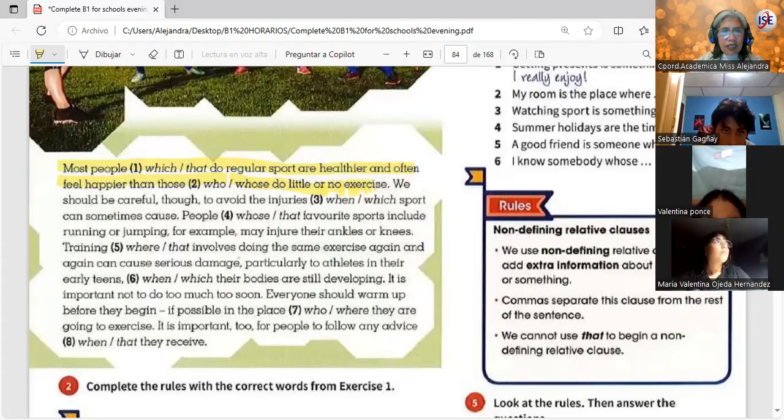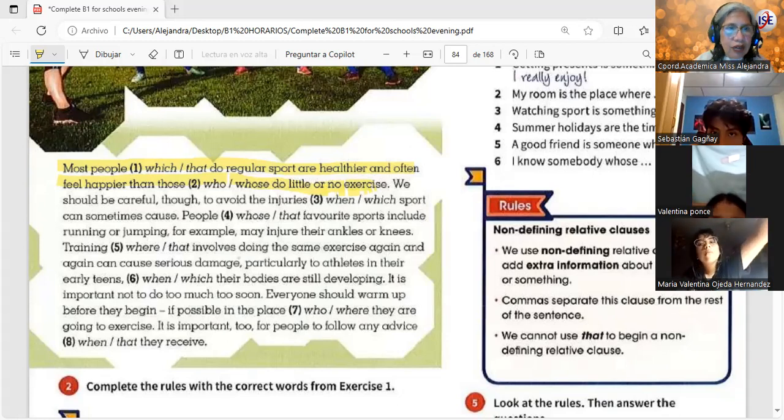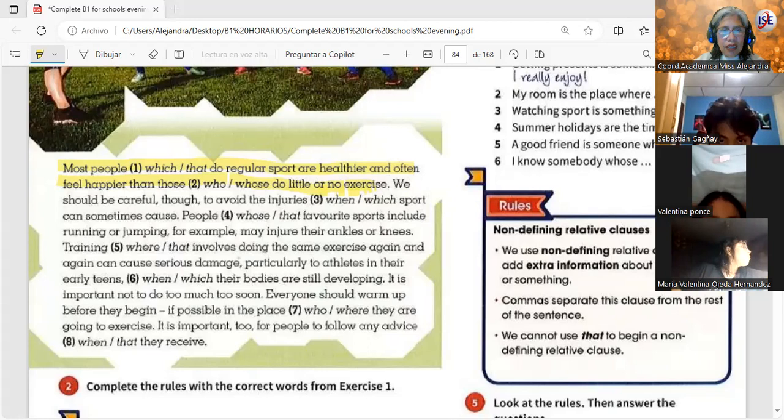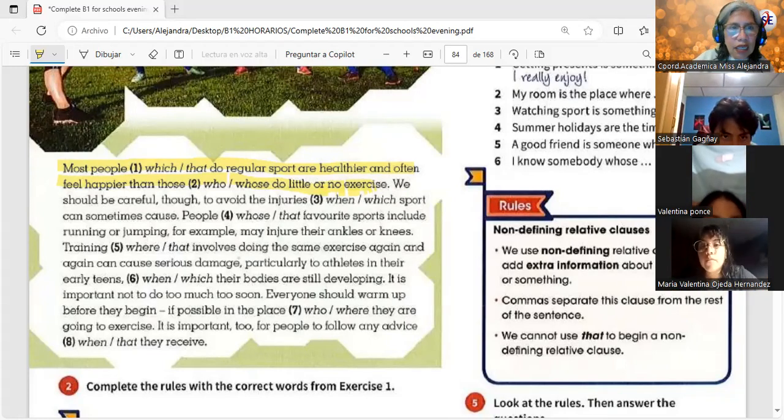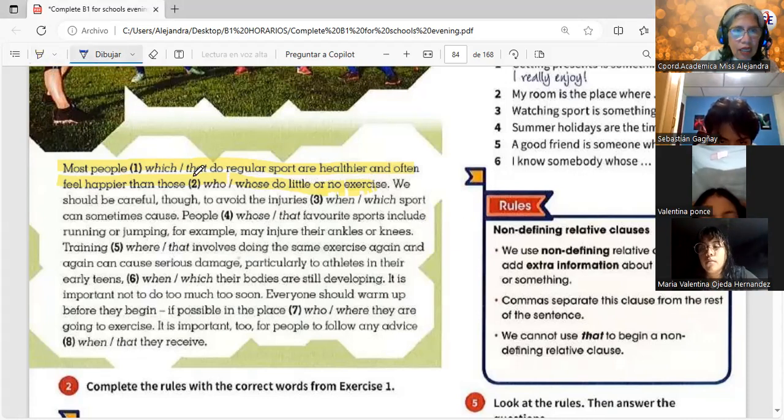Can you read it? With the answer included. Okay. Most people that do regular sports are healthier and often feel happier than those who do little or no exercise. Good, correct.